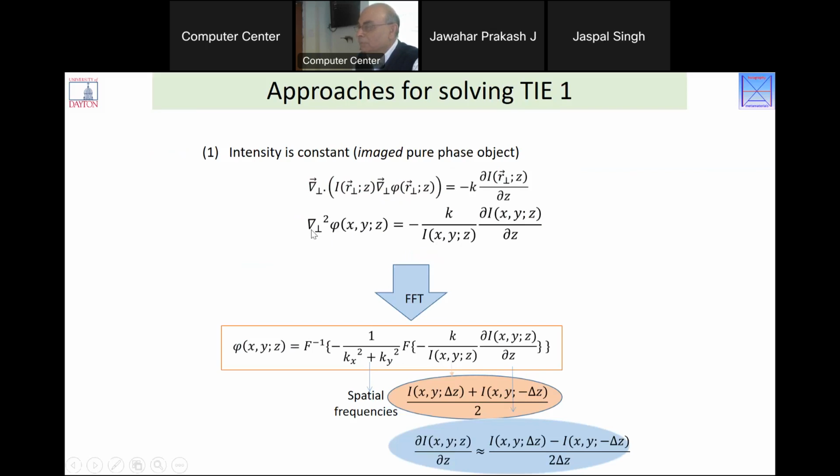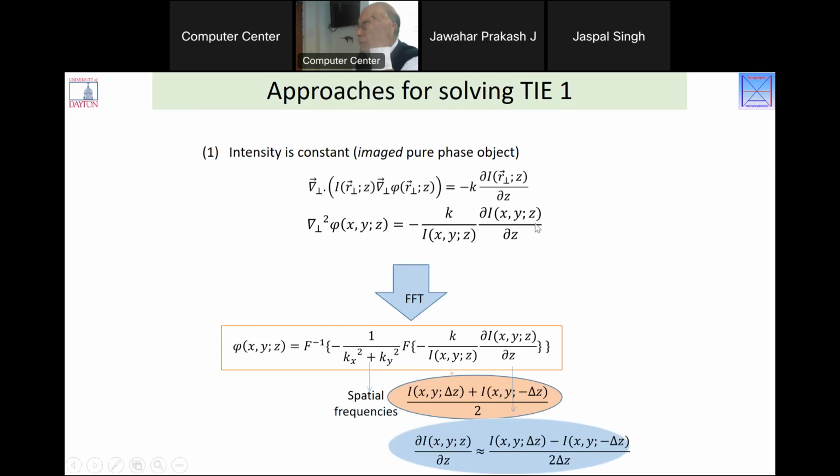If you take the Fourier transform on the left side, from the property of the Fourier transform, the second derivative gives you k_x squared plus k_y squared, because every derivative pulls down a j times k_x.